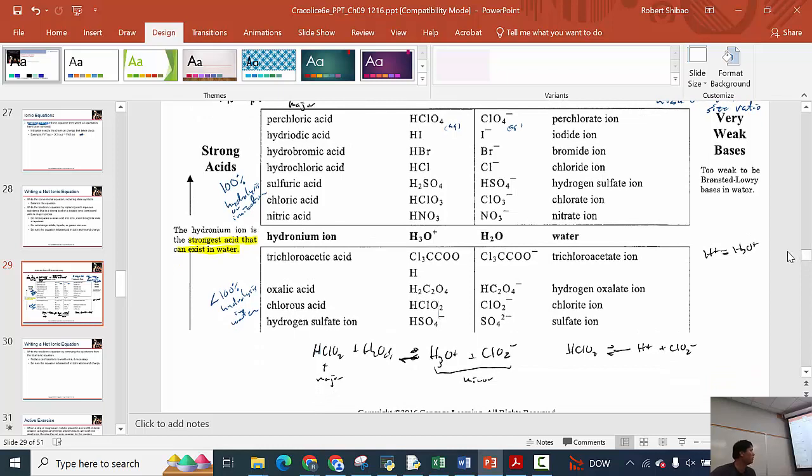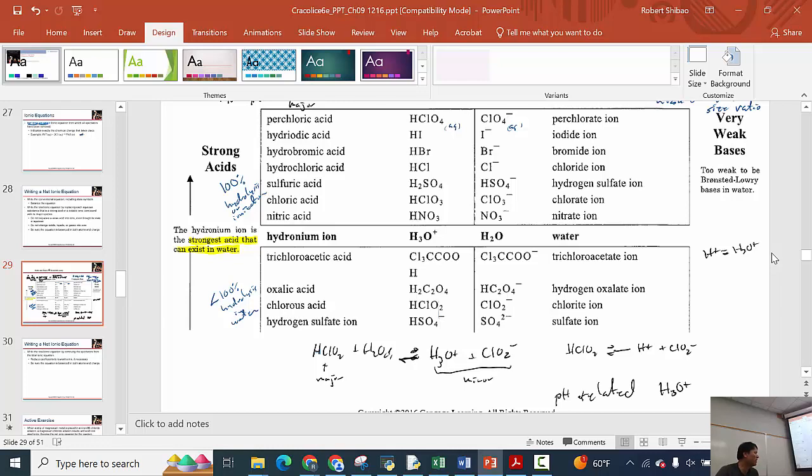So there's going to be some ratio. The stronger the weak acid, the more hydronium. The weaker the weak acid, the less hydronium. We can easily measure this by measuring something called the pH. The pH is related to how much hydronium you have.